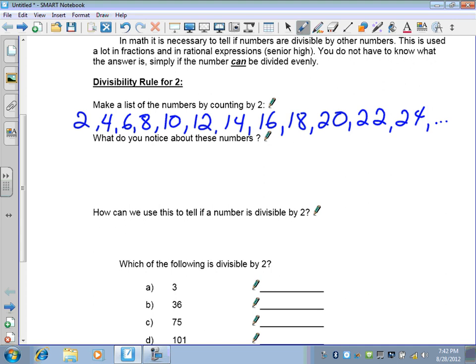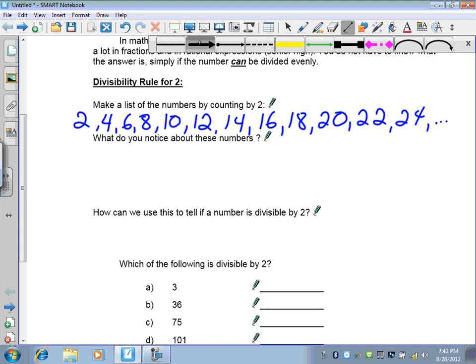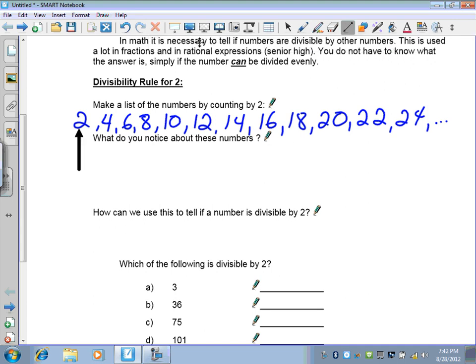Now, to continue with this part of the lesson, it says, what do you notice about these numbers? Well, you should see some patterns coming clear. First off, you should notice that in this case right here, you have a 2. Here you have a 2. Here you have a 2. Here you have a 4, and a 4. A 6, a 6, an 8, and an 8, and a 0, and a 0.